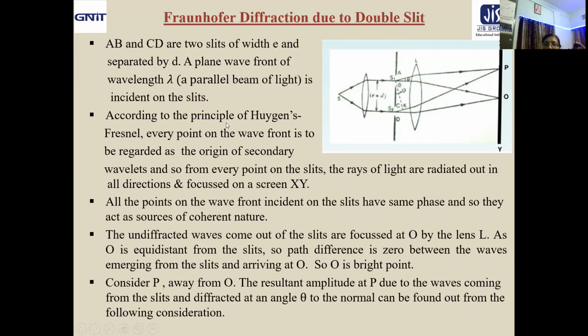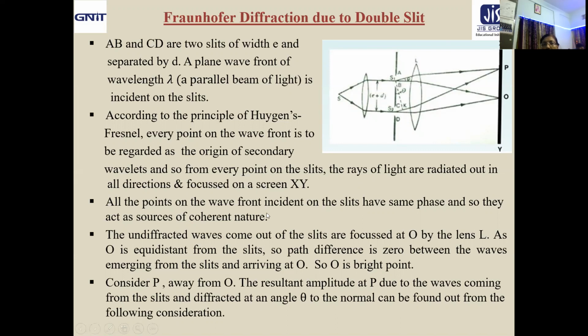According to the Huygens-Fresnel principle, every point on the wavefront is regarded as the origin of secondary wavelets, and so from every point on the slits, the rays of light are radiated out to the right side in all possible directions, and these will be focused on a screen XY.